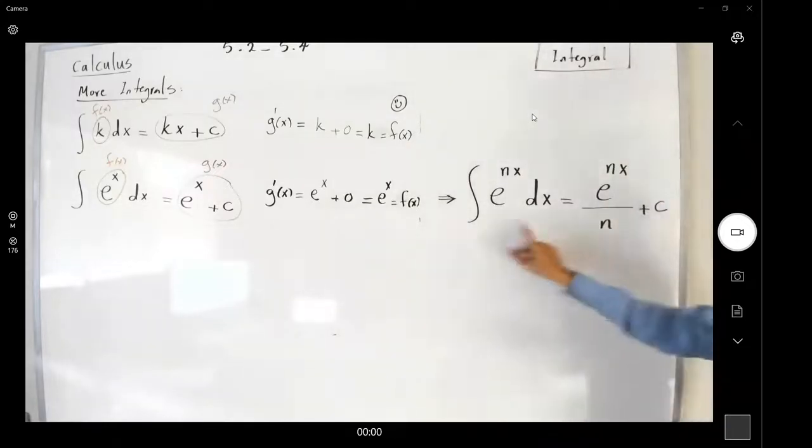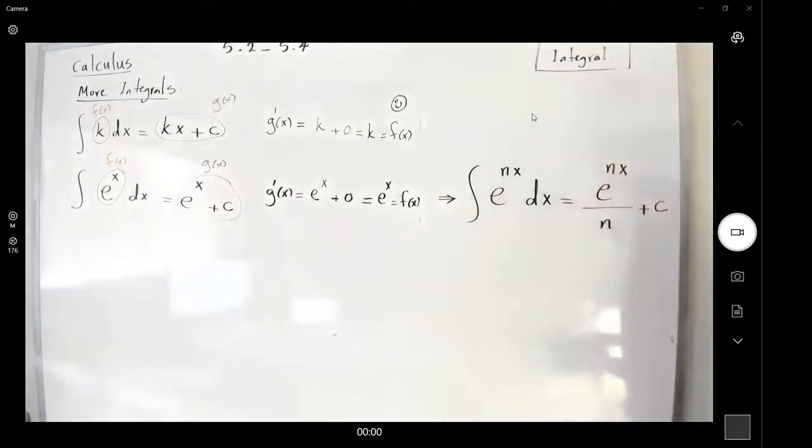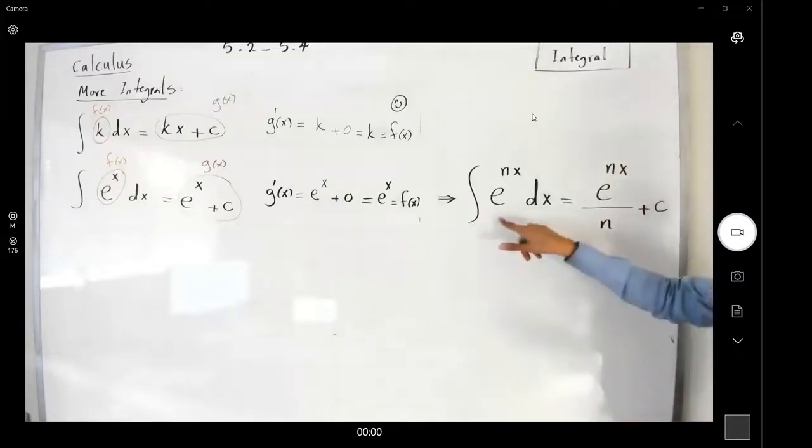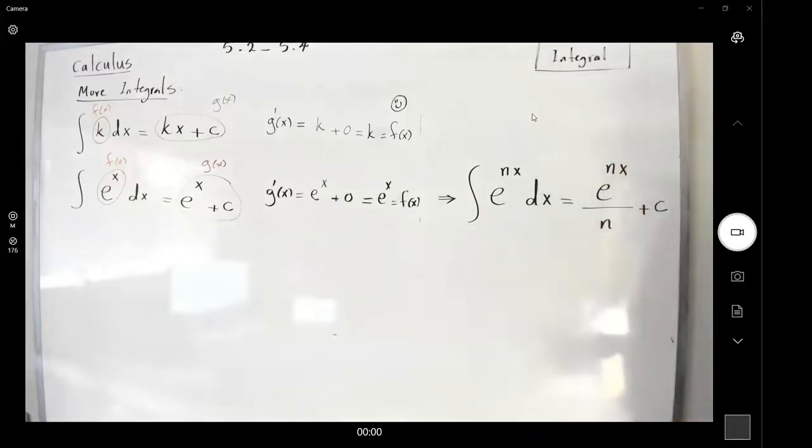This is more general than the integral of e to the x dx. Again, you can verify that. This is your g of x, the derivative of g of x, e to nx, and e to nx divided by n, and the n's get canceled out. So you get your e to nx.